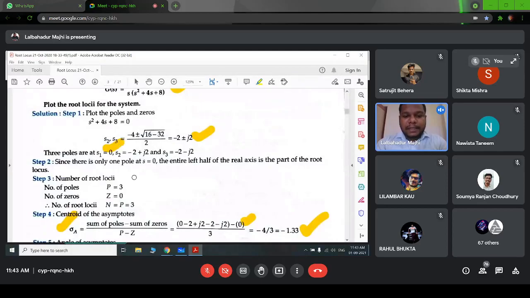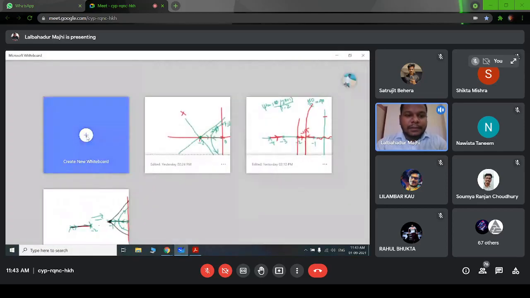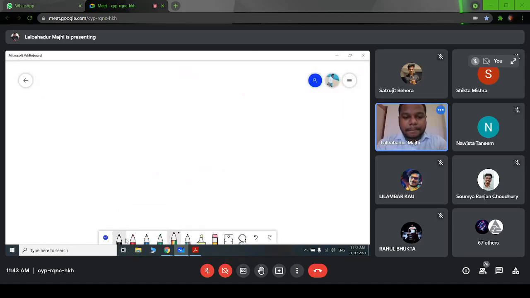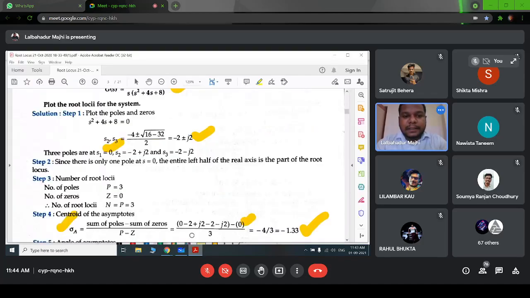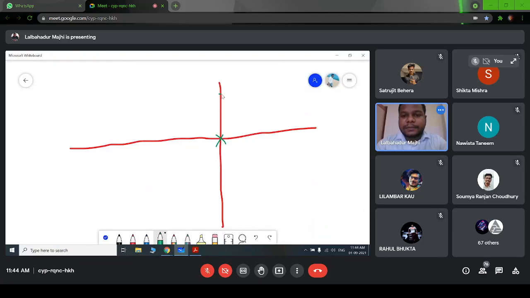Okay, so the first thing is we have to plot the pole-zero map. So we have a pole at the origin first, and then another 2 poles at minus 2 plus j2 and minus 2 minus j2. So if it is 2, it is minus 2, this is 0, this is minus 1.